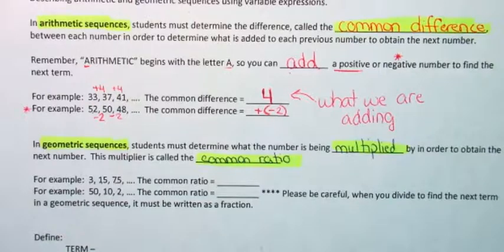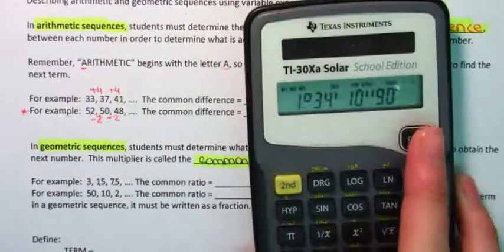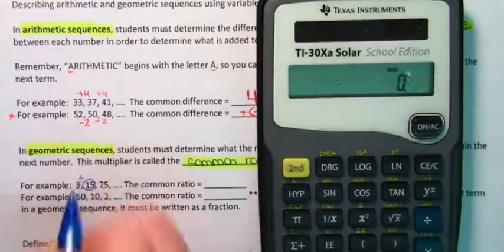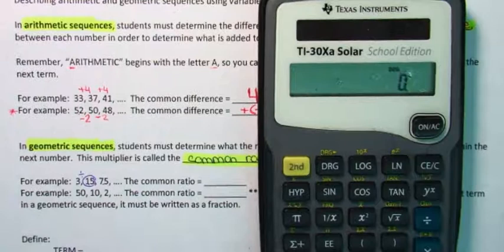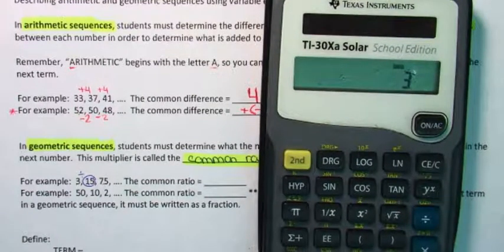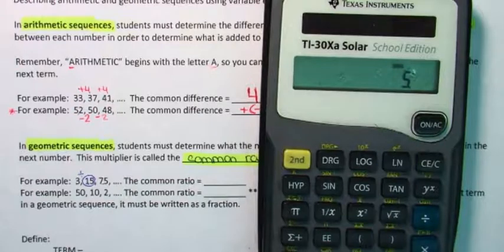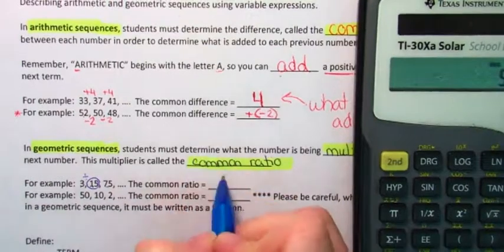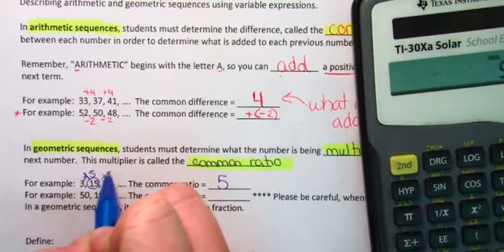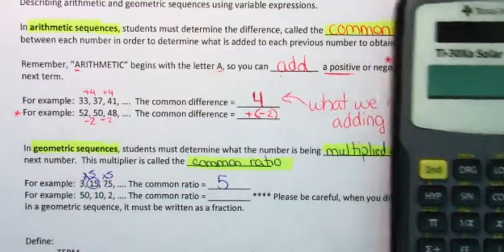So the strategy we talked about, and it's been a long time, was you take your second number and divide by your first number. So 15 divided by 3 equals 5. And that tells me that my common ratio is 5. I am multiplying by 5 each time to get bigger and bigger.